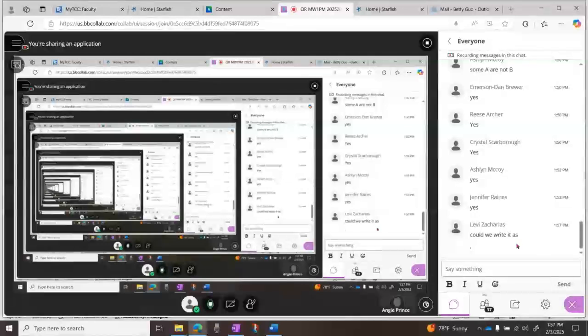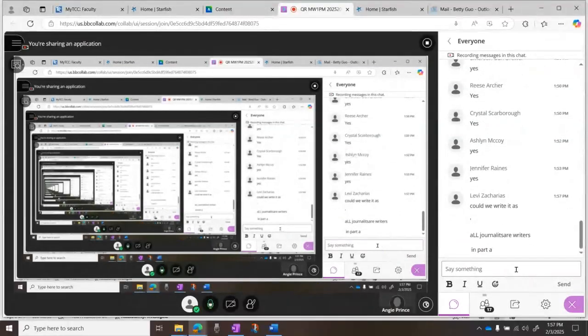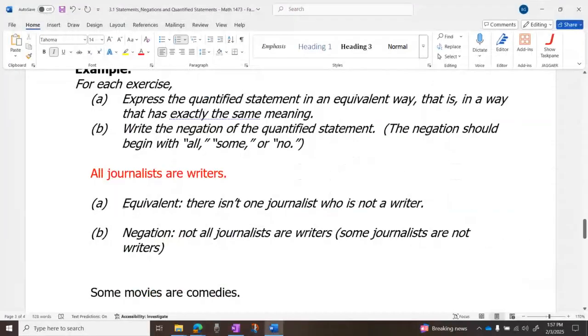Yes, Levy? I'm waiting for you to type your answer. In part A, all journalists are writers, that is the given statement. That would be exactly the same wording as the statement. Part A is to find a different way to say the same thing.